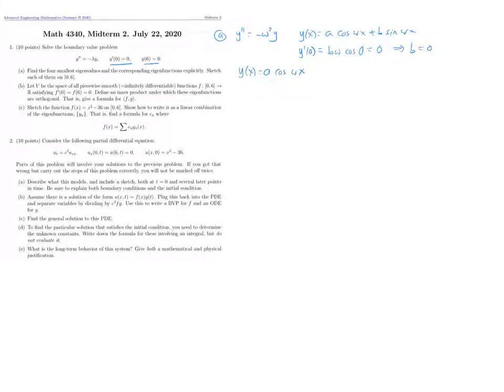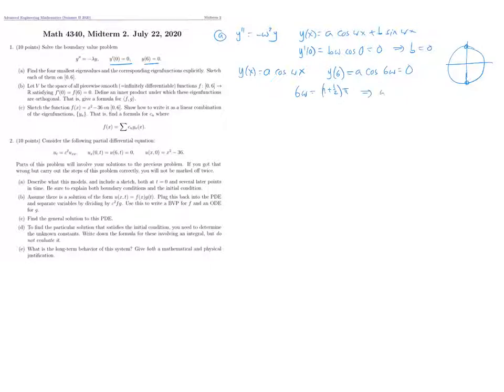Now we use our second boundary condition. y of 6 equals a cosine of 6 omega equals 0. Of course, that happens for cosine at half integer multiples of pi. So that means that 6 omega equals (n plus 1/2) pi.